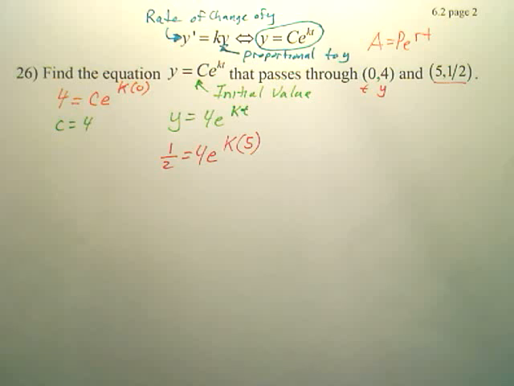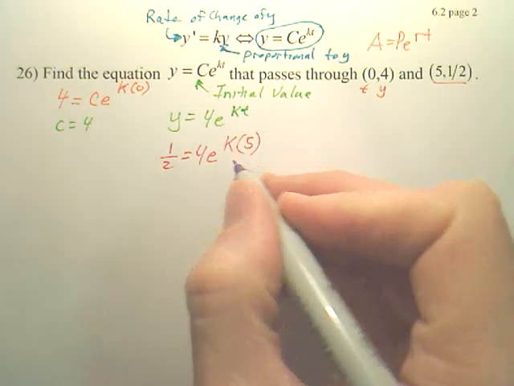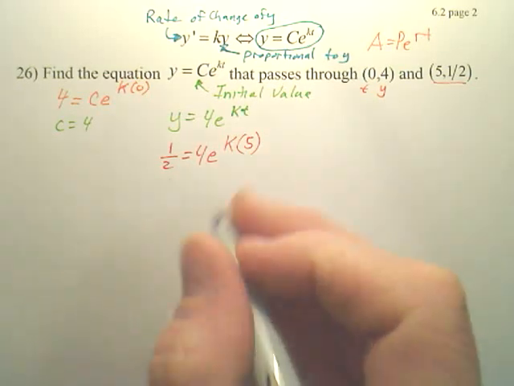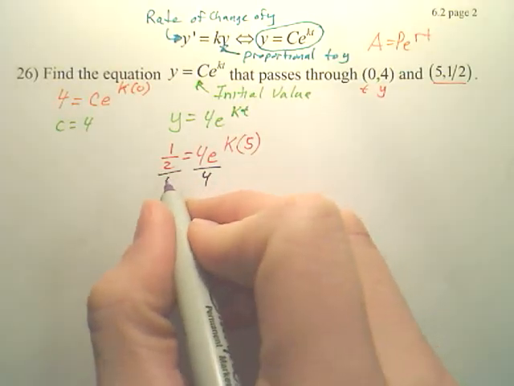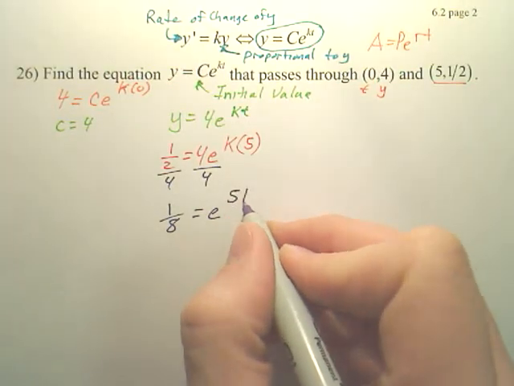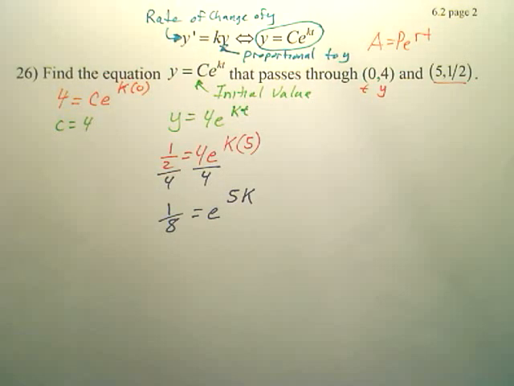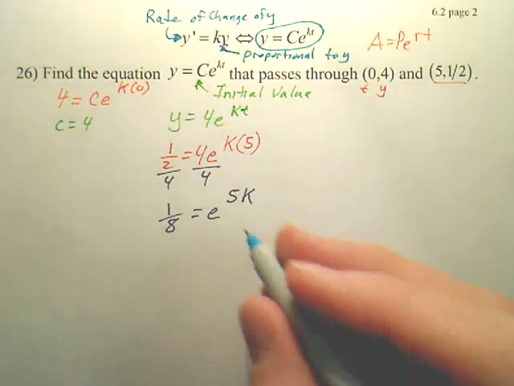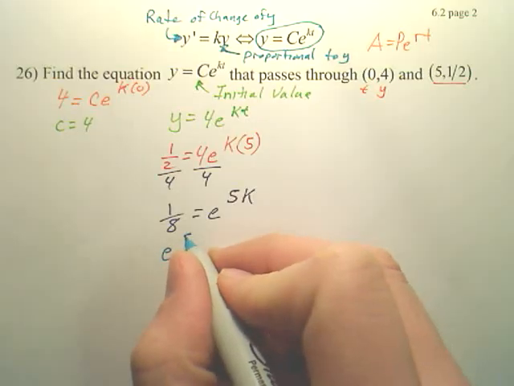So can we solve this for k? And then we have our equation. First thing I'm going to do is divide by 4. If I divide both sides by 4, I get 1/8 equals e to the 5k. Now, if I want to change this to a log, I'm going to first write it like this.